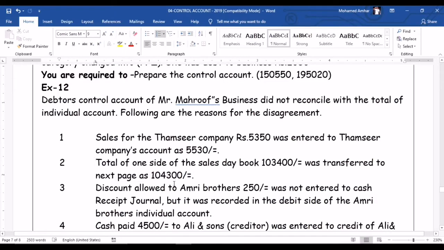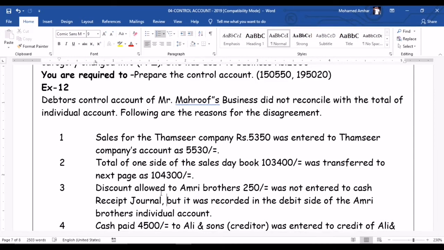Next, discount allowed to Amri brothers, 250, was not entered in the cash receipt journal. So the discount allowed column of the cash receipt journal is 250 less.